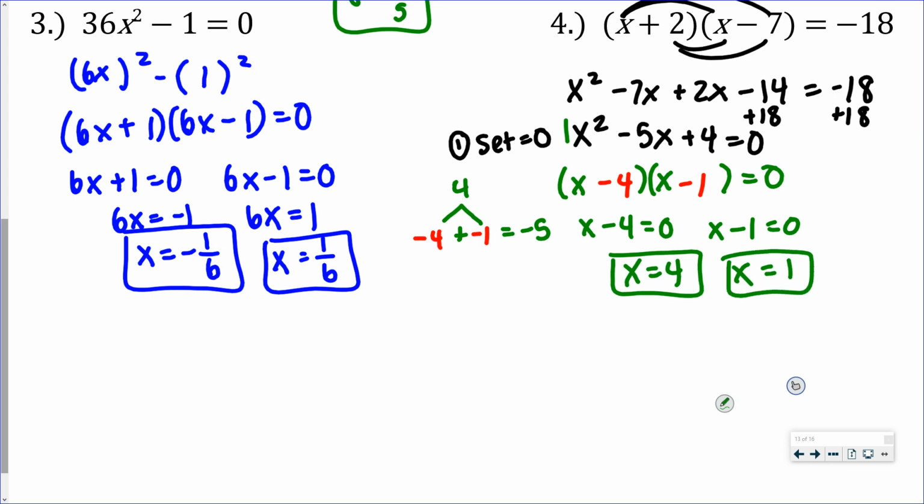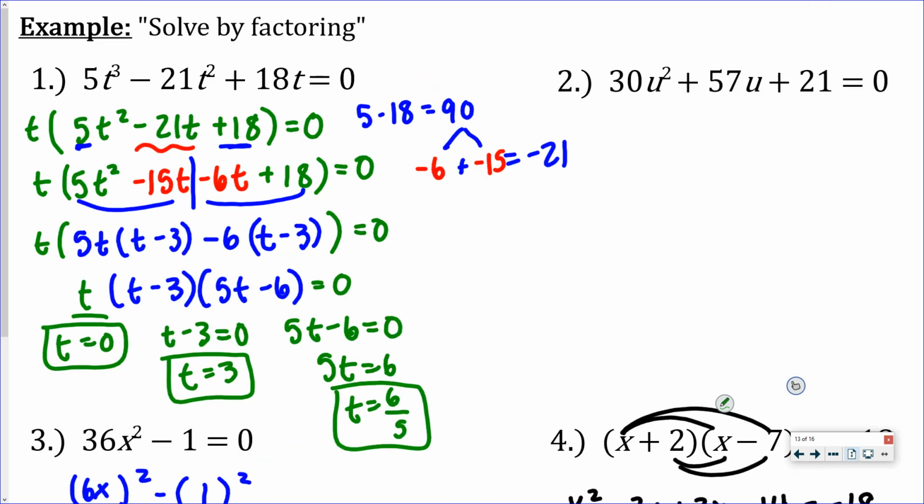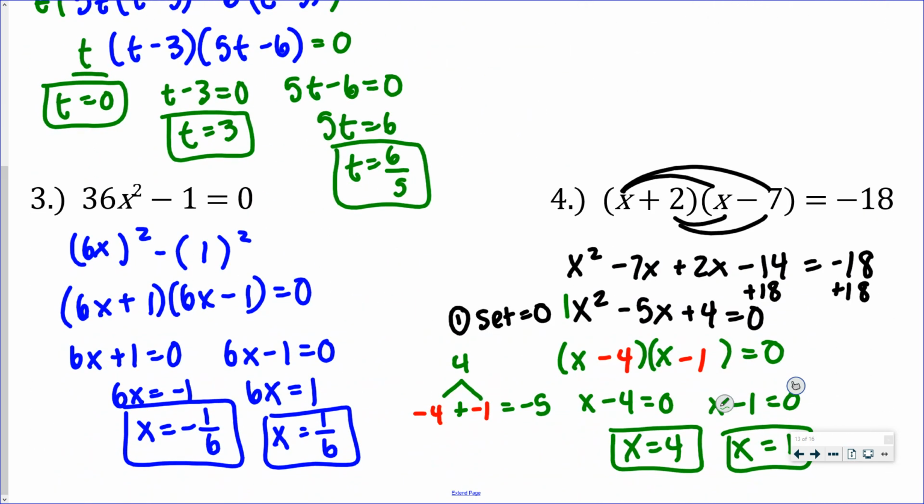All right, folks, let me ask you this question. Why are we getting 2 solutions for almost all of these? Let's look at just these 2, because this one's not technically a quadratic. That one's a degree 3. These 2 are quadratics. If we were to graph them, they would form parabolas. So why are we getting 2 solutions for a lot of these? It usually crosses the x-axis twice, right?